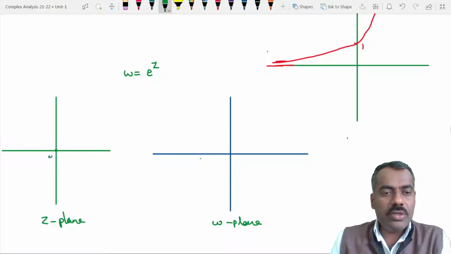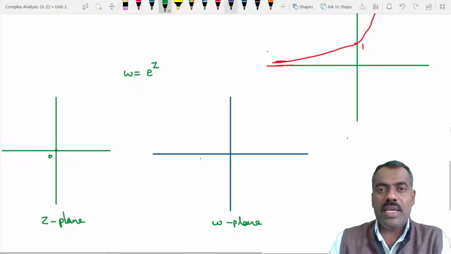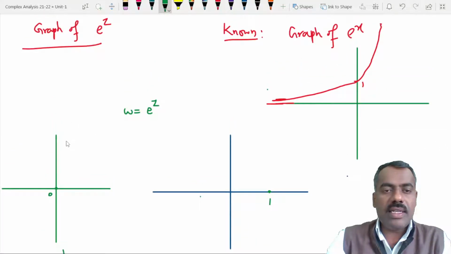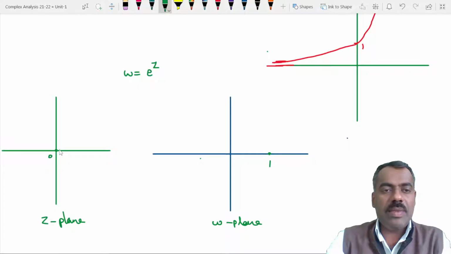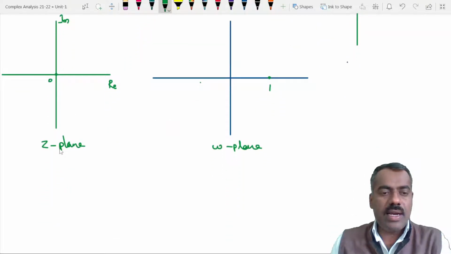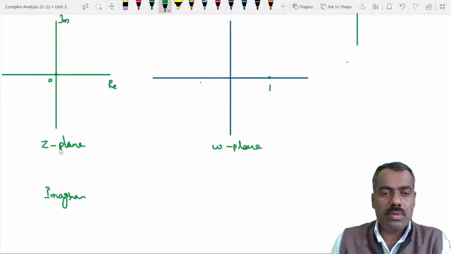Now simply, you can check here, 0 is mapped to 1. Now, we can see, for example, you take this imaginary axis. So this is the imaginary axis and this is real, right? In the imaginary axis x is equal to 0.